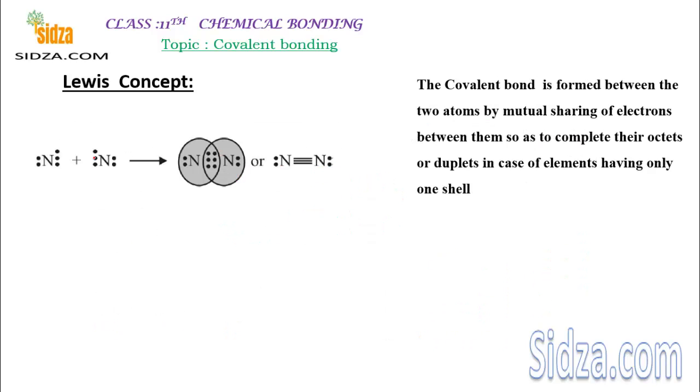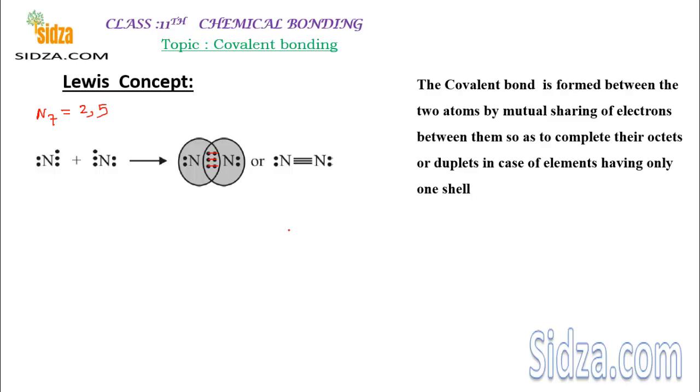Another example, nitrogen. Nitrogen atomic number is 7, and it has 2 electrons in the first shell, 5 electrons in the valence shell. So it needs 3 more electrons. That's why the 2 nitrogen atoms, when they combine, share 3 electrons and form a triple bond. There's a triple bond between the 2 nitrogen atoms because each nitrogen atom needs 3 electrons.